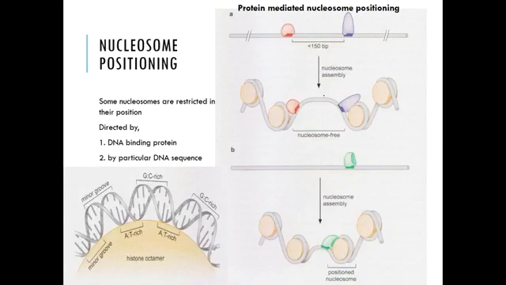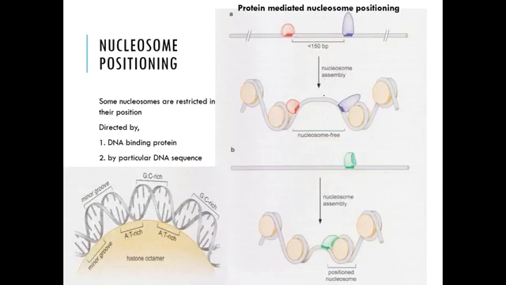Proteins act in two ways. In the first way, when a protein is already bound on a stretch of DNA, a second protein cannot occupy the same position. It is like a competition between two different types of proteins for the same DNA sequence.